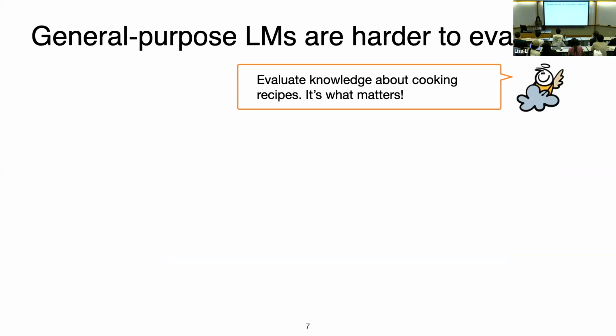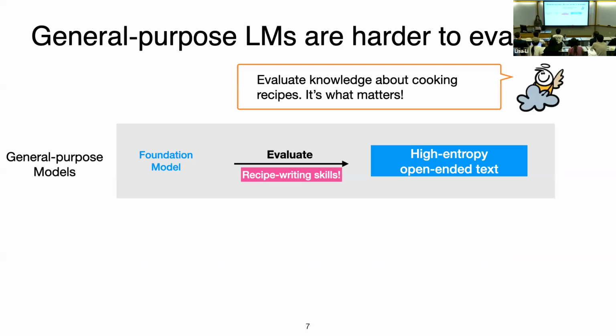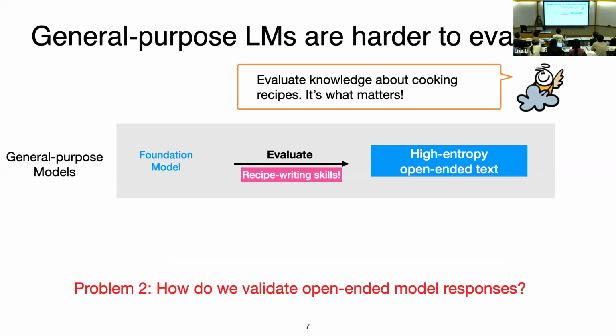Even if we do know what tasks to evaluate the language models on, for example, here's the little angel telling us that we should evaluate language models on knowledge about cooking recipes, the output of the language model can still be very free-form and open-ended. And for some tasks, the output might also be very high entropy. Therefore, judging the correctness becomes a lot harder because there is no single correct answer.